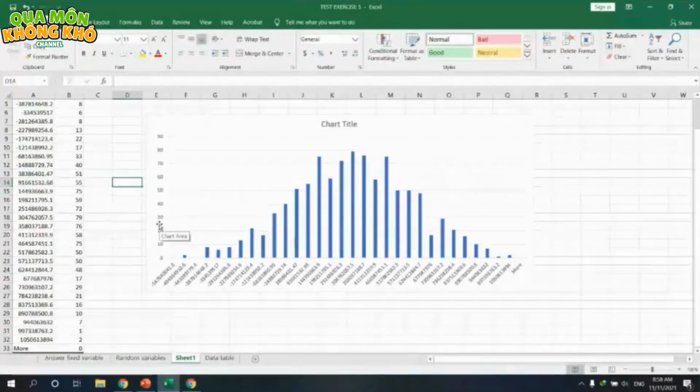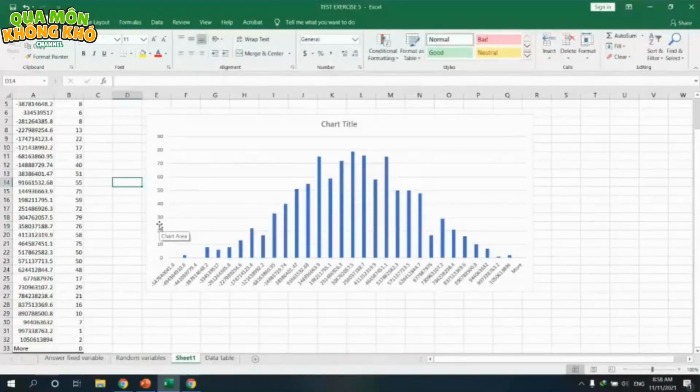It's noticeable that in the middle of the histogram, the mean value has the highest frequency.